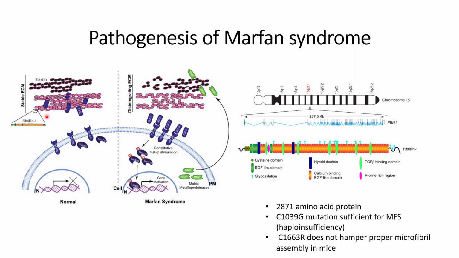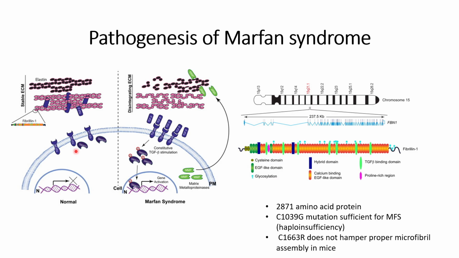In the normal condition, there is a stable ECM, or extracellular matrix, that has elastin and also fibrillin, and this fibrillin also contains these TGF beta proteins in it, so that these TGF beta proteins will not be able to bind to the receptor on the cell surface.